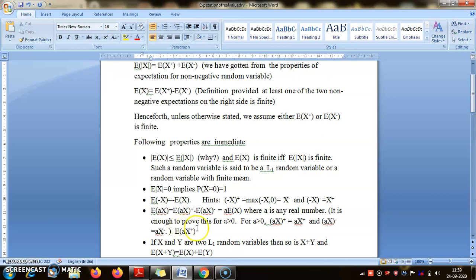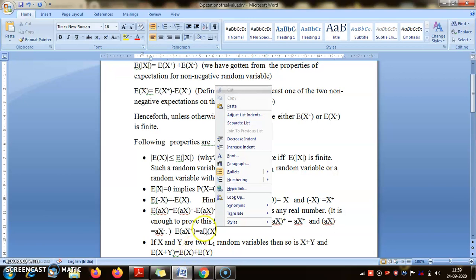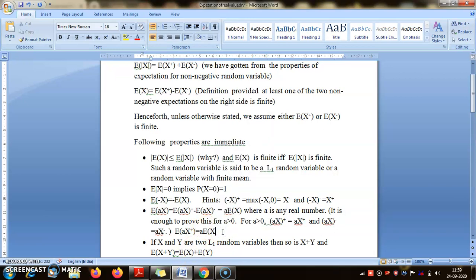Where a is positive, x plus is a non-negative random variable. Then by properties of non-negative random variables, this will be a into the expectation of x plus. And similarly for ax minus. So therefore you would get a times the expectation of x.